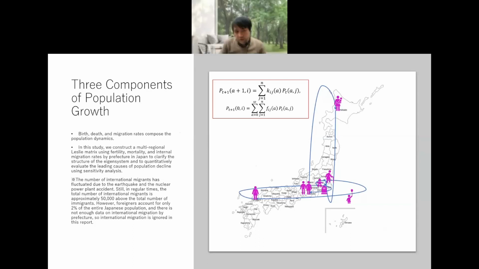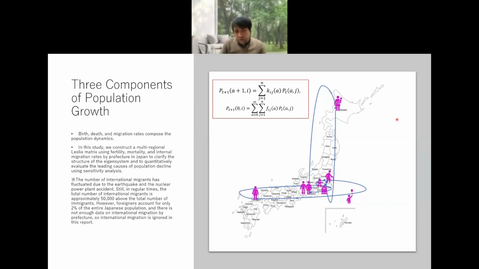Naturally, international migration has also occurred in Japan, but for the following reasons and due to data limitations, it is ignored in this study. The number of international migrants has fluctuated due to the earthquake and the nuclear power plant accident.